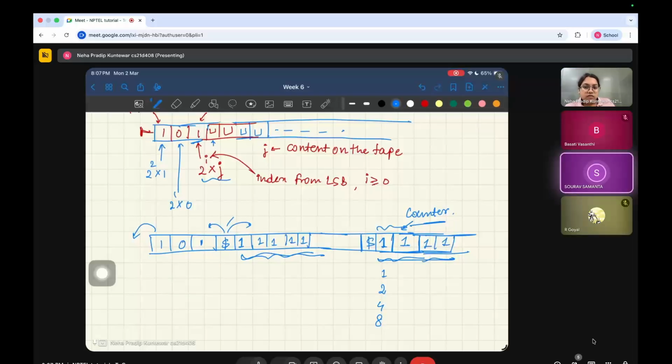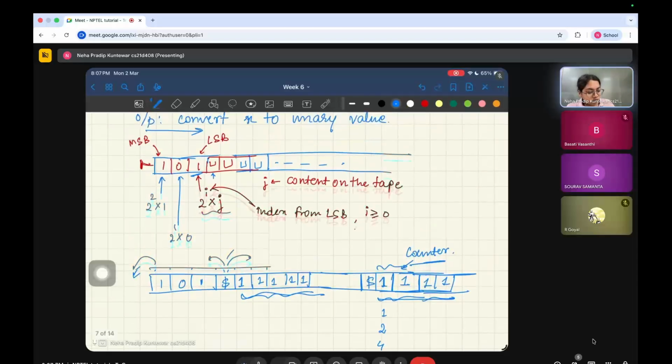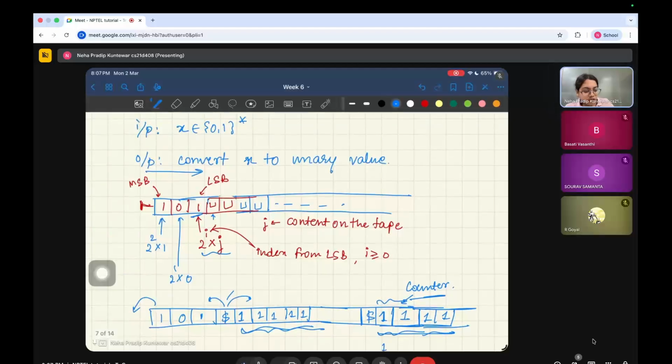Can you analyze this first dollar symbol? After that, we can see all the cells filled with one. But why fill with one? You want unary, no? So you want to convert it to unary. So my unary alphabet is 1.